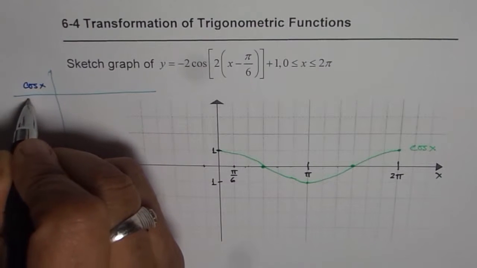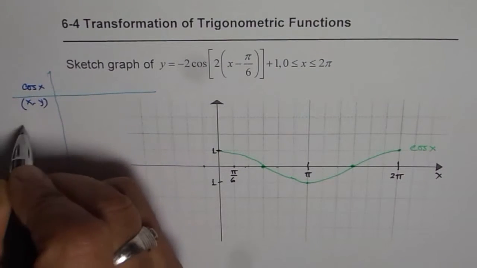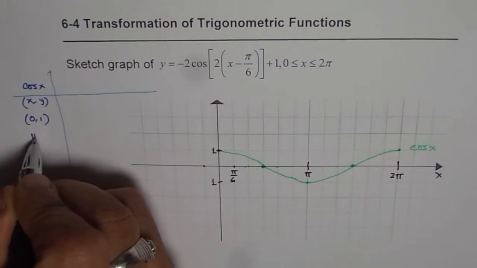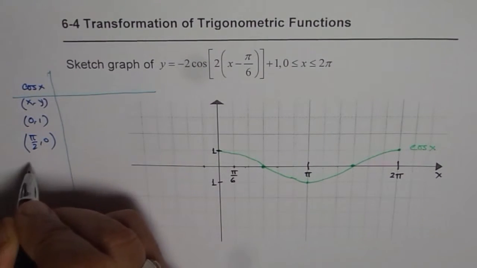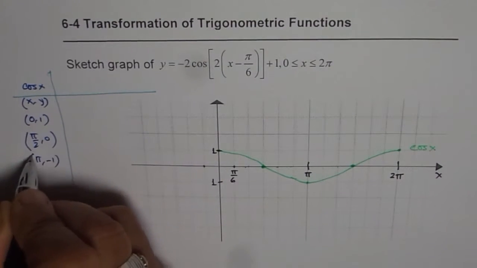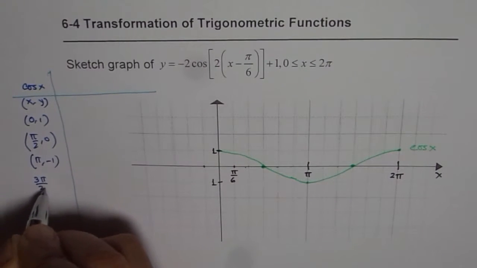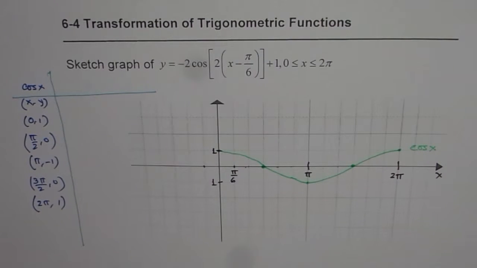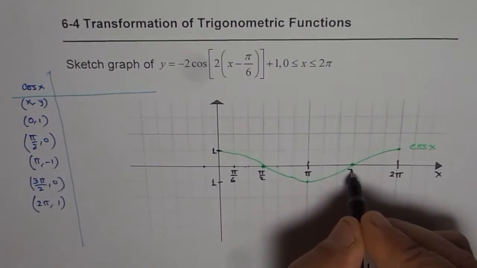The key points on cos x, let them be x and y, and as we can see here, the first point is 0, 1. Then at pi by 2 it is 0. Then at pi it is minus 1. 3 pi by 2 is 0, and at 2 pi we have 1, correct? So these are our points. This is pi by 2 for us. This is 3 pi by 2.